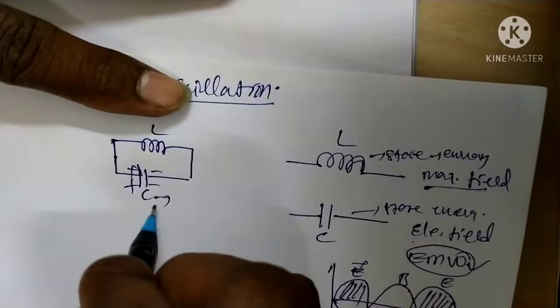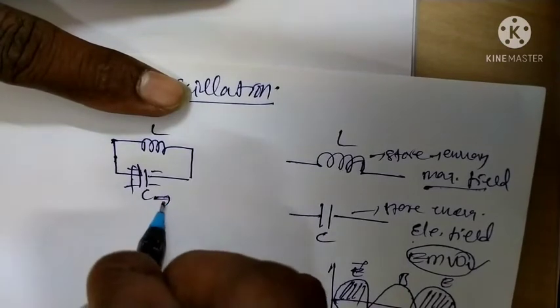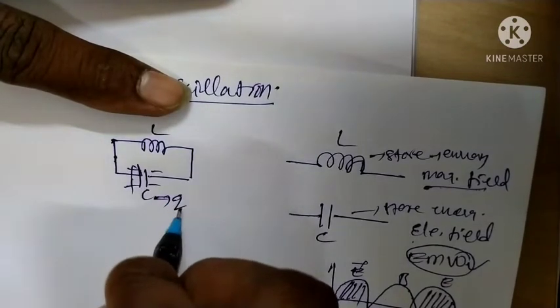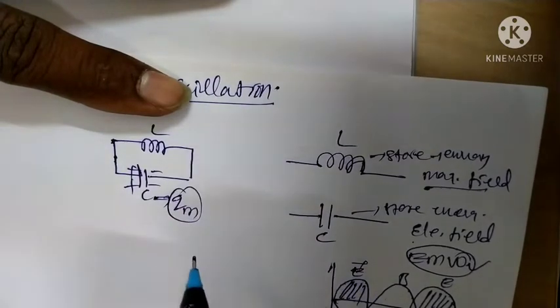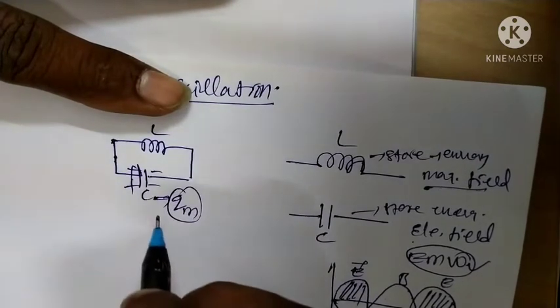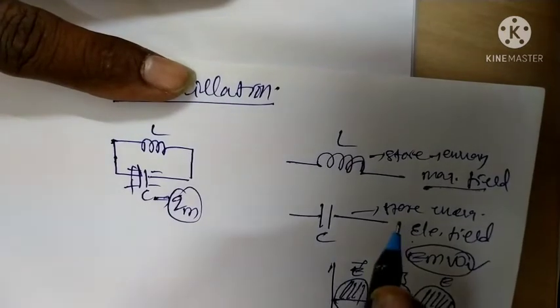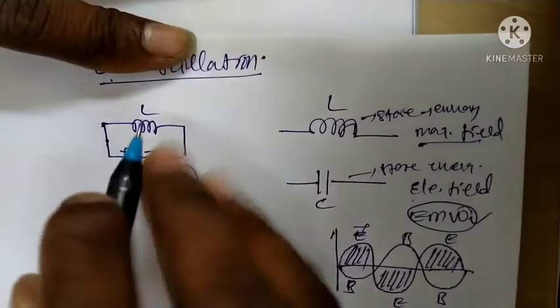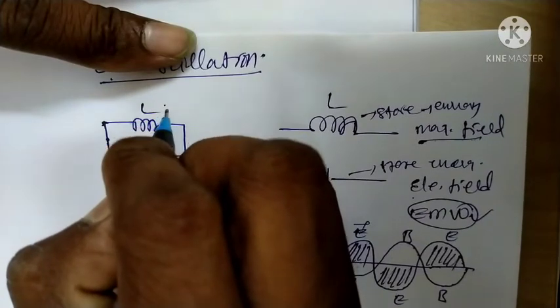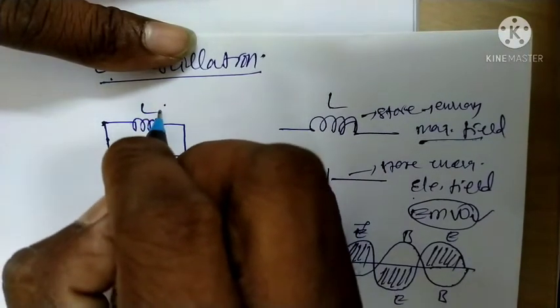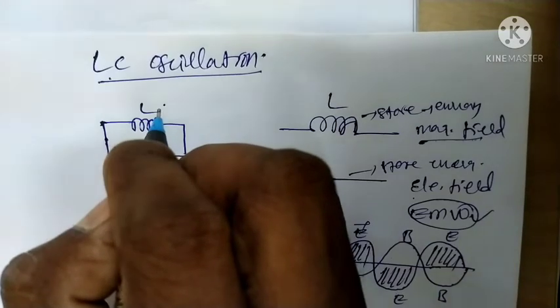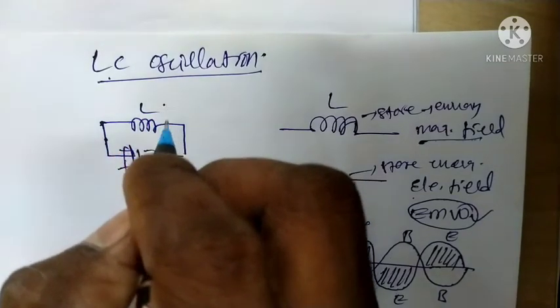The capacitor has charge Q. Initially the capacitor is maximally, fully charged in the form of electric field. In the case of the inductor, there is no energy stored initially. This is the initial case.